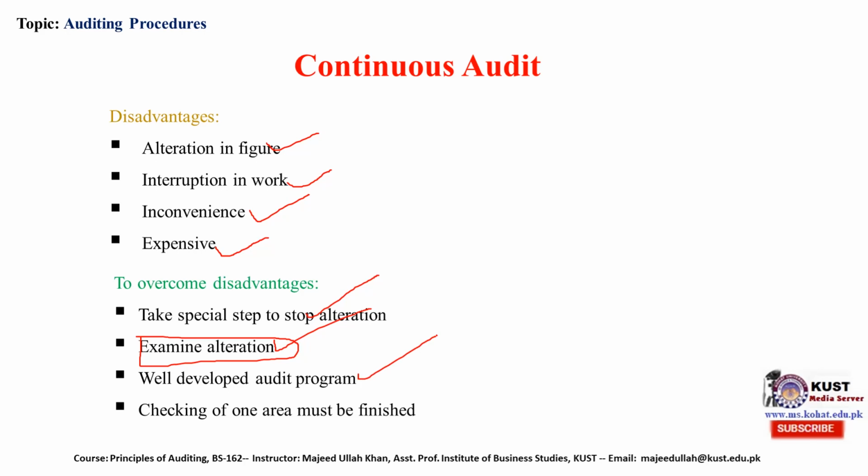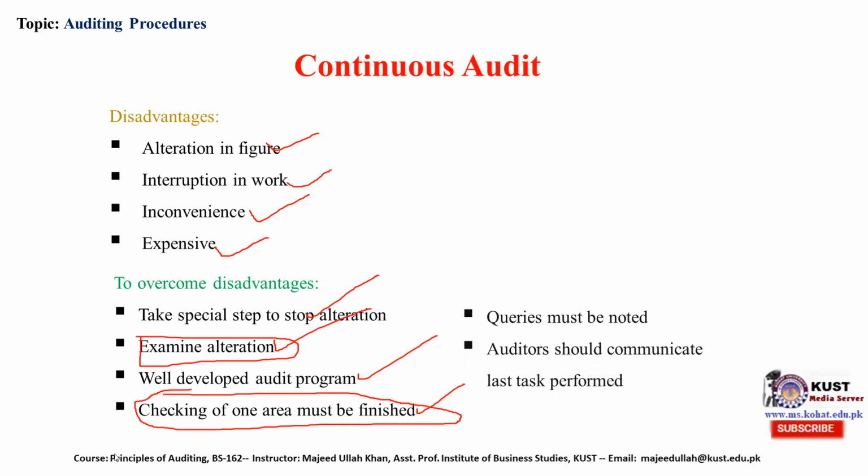A well-developed program can also overcome these inconveniences and interruption of the work. Checking of one area must be finished in one time, so that this area is not replicated.